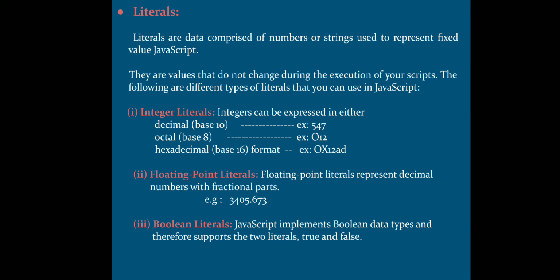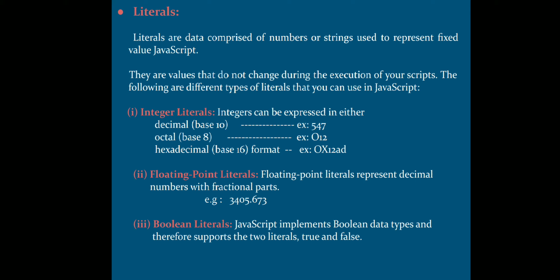Integer literals, that is integer constants. Integer constants can be classified into 3: octal integer constant, decimal integer constant, and hexadecimal integer constant. Octal integer constant is base 8, where the number is a combination of digits from 0 to 7.